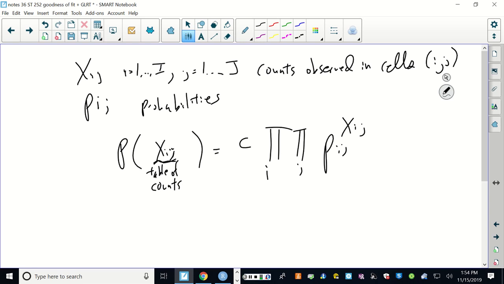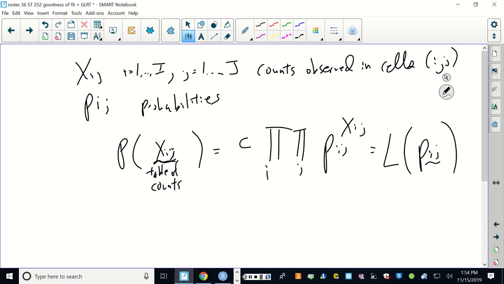Or the genetic one where we take theta squared raised to its count, the middle probability raised to its count, or 1 minus theta squared raised to its count. The same general thing happens with bigger tables. So this could be viewed as the likelihood for all these p_ij's, all these several parameters.